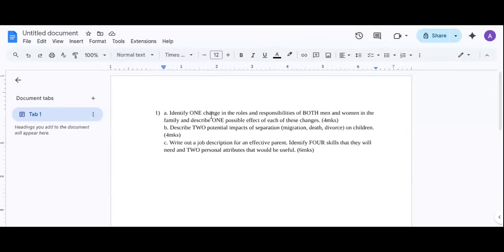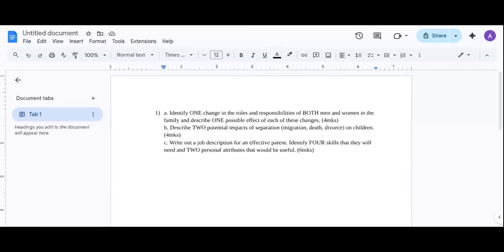They say identify one change in the roles and responsibilities of both men and women. So that means they want one change for the men, one change for the women. That's 1 mark, 1 mark. And then they said to describe one possible effect of each of these changes. The command word in that part is describe, and because it's describe, that will be 2 marks. So that is how the 4 marks are distributed in this question.